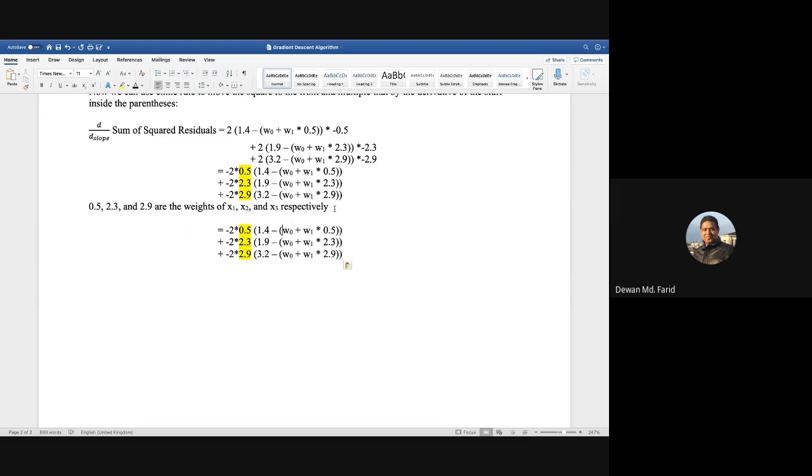W0, or intercept, was 0, and we consider the slope is 1 initially. Is it clear? Yes, sir. Then if you do the calculation here, you have the random values, minus 0.8. If you do the calculation, you'll have this value, right? Yes, sir.